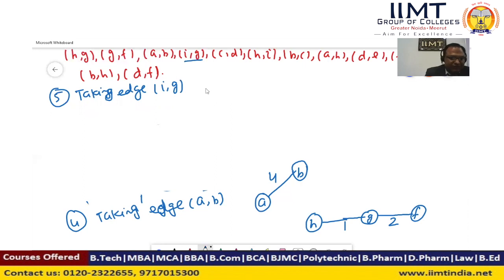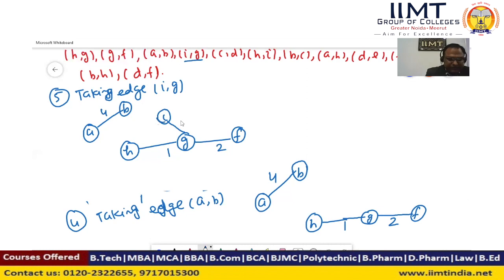If we talk about the graph, we can take I comma g because it is not creating any cycle. So what will be the output of step number 5? A comma b, that is one component here, h g f, and we are taking I like this. That was my I, and the cost of this was 6. So that is the output of step number 5 when we consider I comma g.